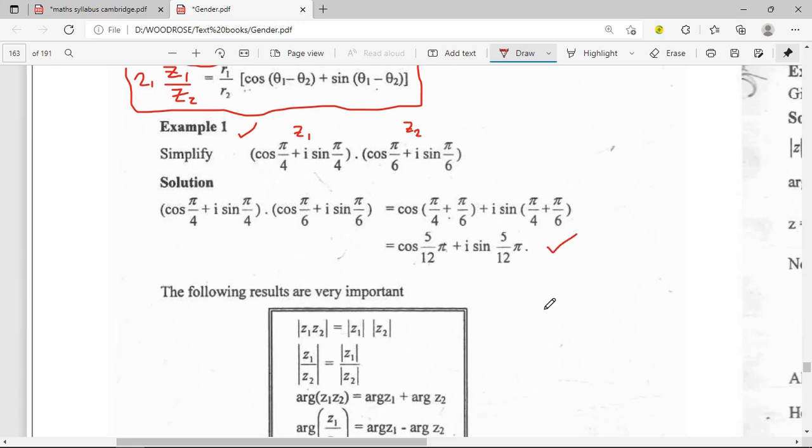Right? Then you must know this special result. Please, you have to write it down. It says sine of negative theta is the same as negative sine of theta.